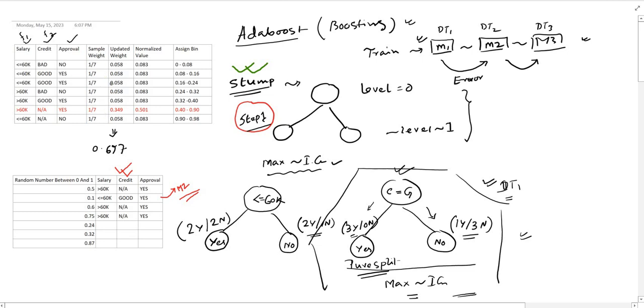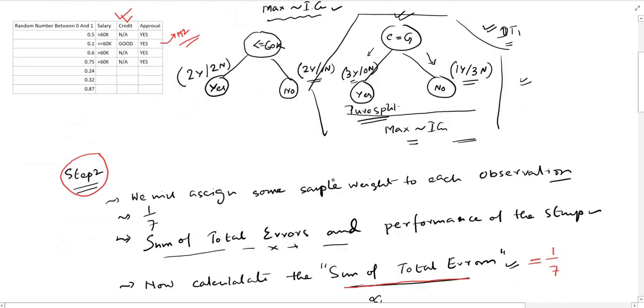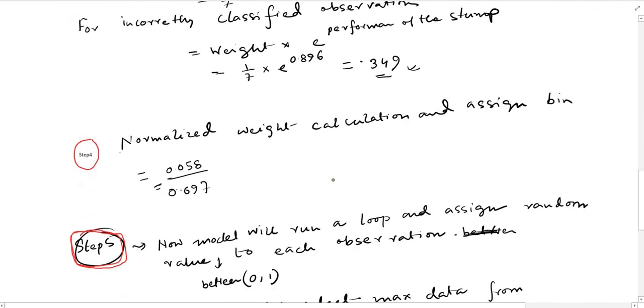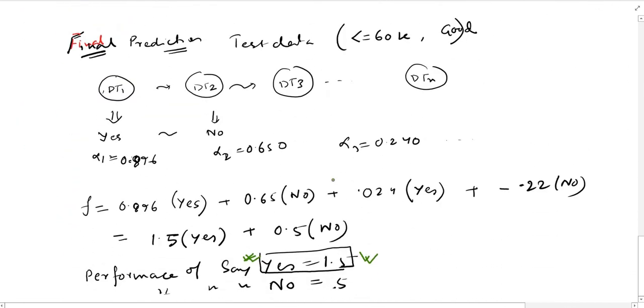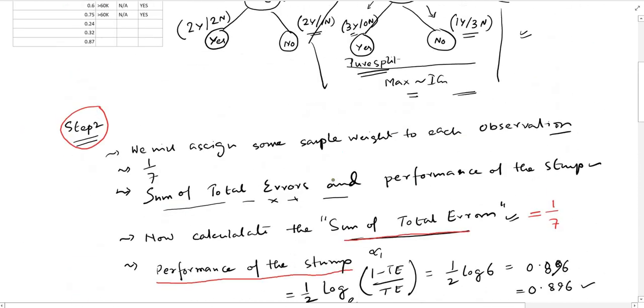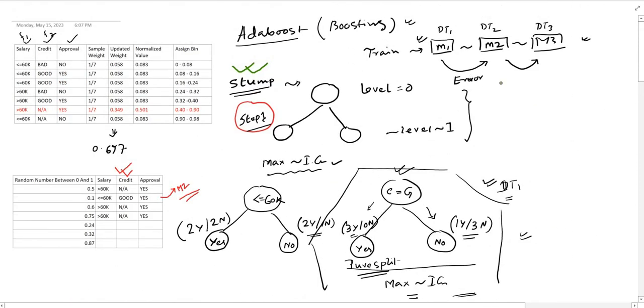You do the sample weights, then calculate the updated weight, normalized value, assign bins, and then randomly generate values and find the rows for the next model. That way it will continue, and based on that you will get perfect results. That's why you're building so many weak learners, and from those weak learners we finally get the best model.